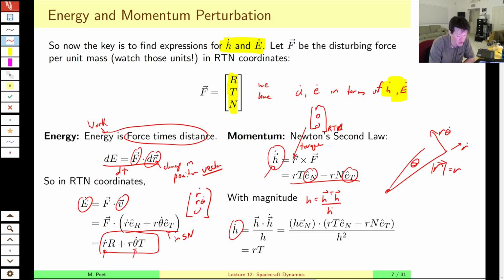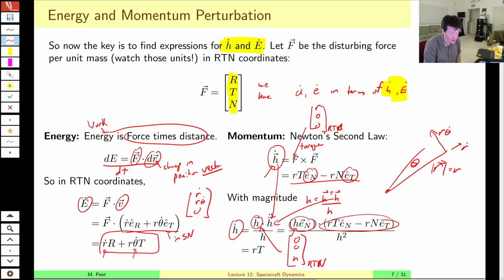And so we use the chain rule on that. We get two versions, right? There's this H vector dot that pops in there, and we've just found that term, so we can plug that in here. And then of course the magnitude of the angular momentum is all in the normal direction. So this is 0, 0, H in RTN.